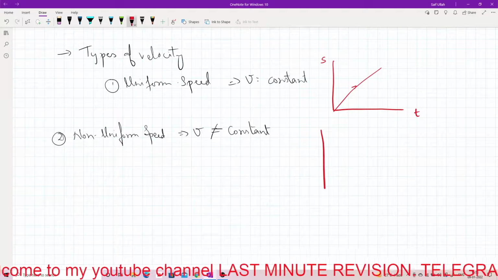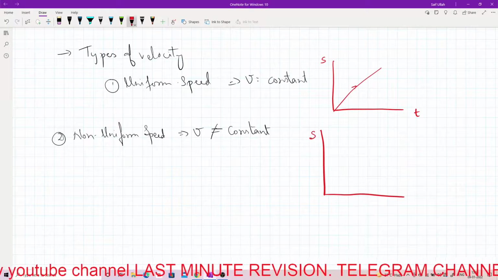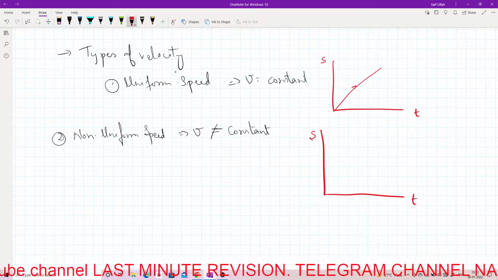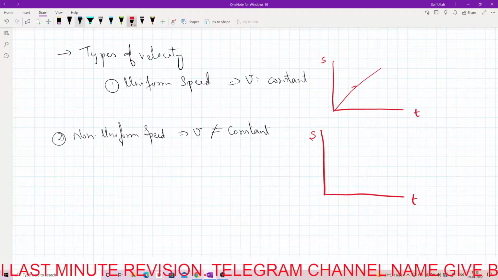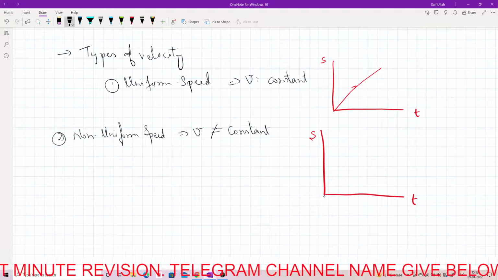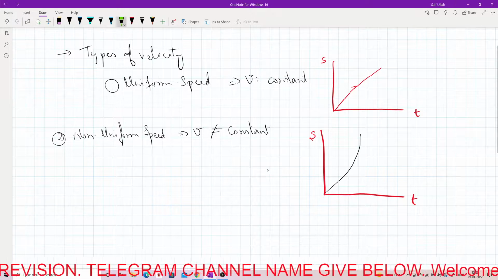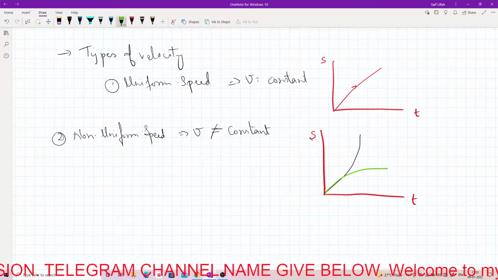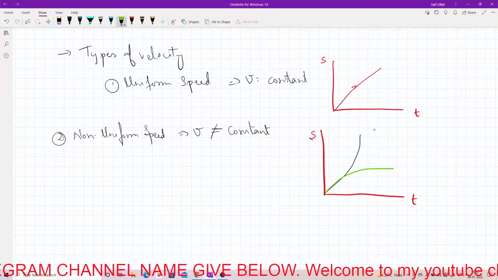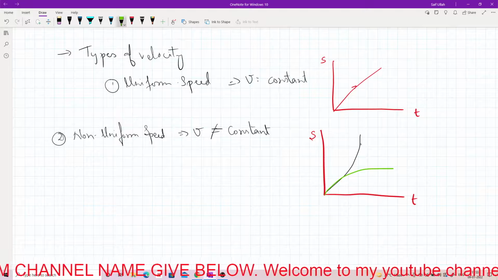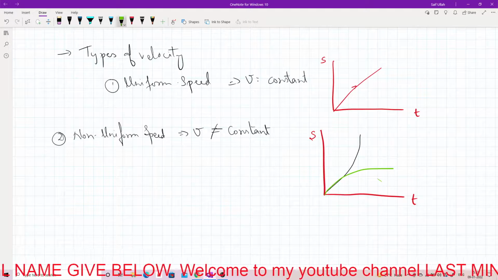So how will you represent that in a graph? If this is a graph for distance and time, draw like this. For acceleration it will be like this, and if retardation is there, this will be the shape. In acceleration the velocity will increase, whereas in retardation the velocity will decrease.